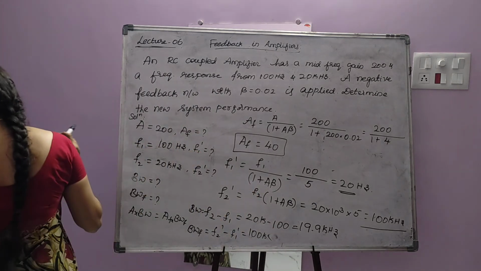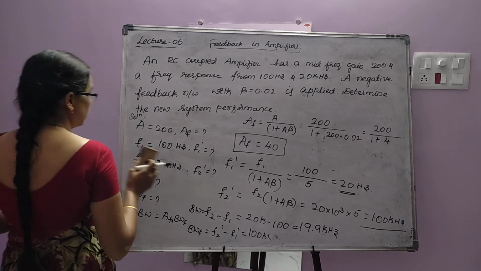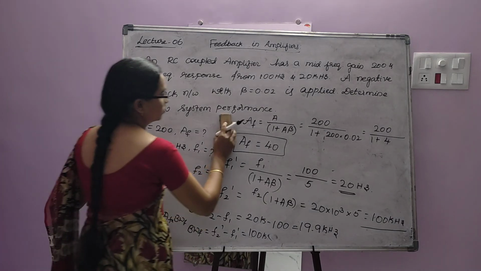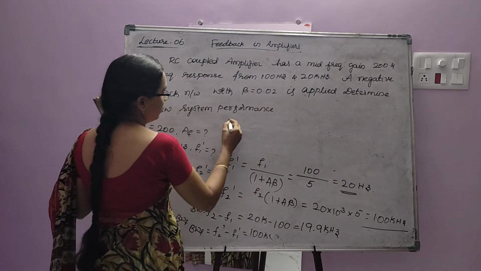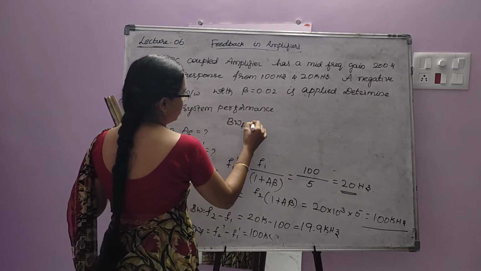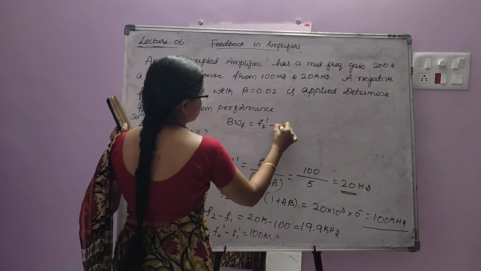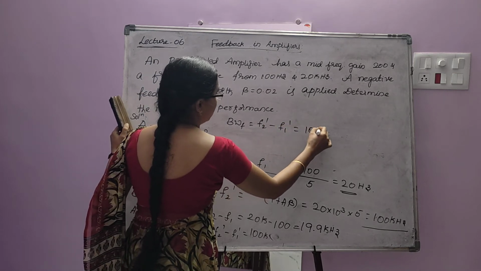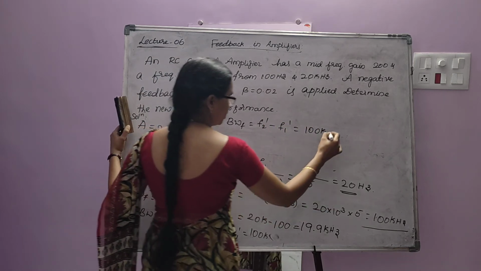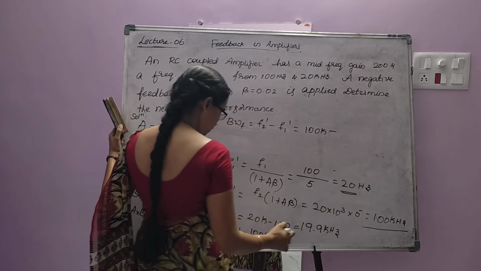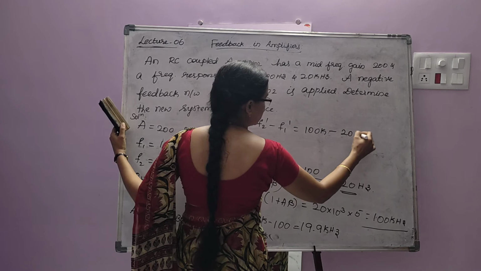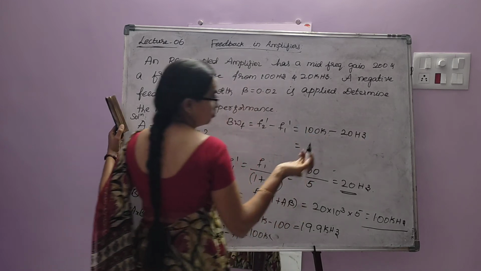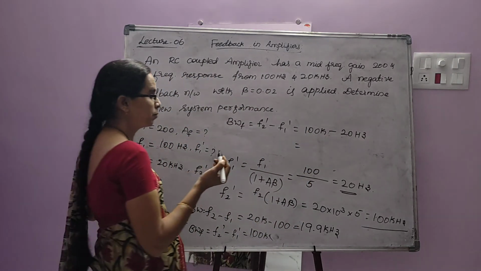Let me write on top. Bandwidth with feedback is equal to F2 dash minus F1 dash. 100 kilohertz that we have calculated minus F1 dash, which is 20 hertz. 100 kilo, 100 with 3 zeros you have to put.